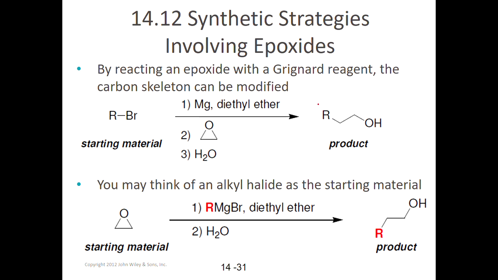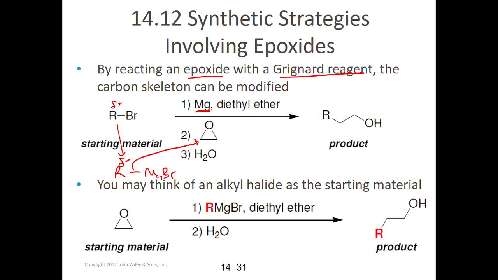One of these involves a Grignard attacking an epoxide. If I have an alkyl halide, I can always make that into a Grignard by adding magnesium. That reverses the polarity of this bond, making the carbon go from a partial positive to a large partial negative.